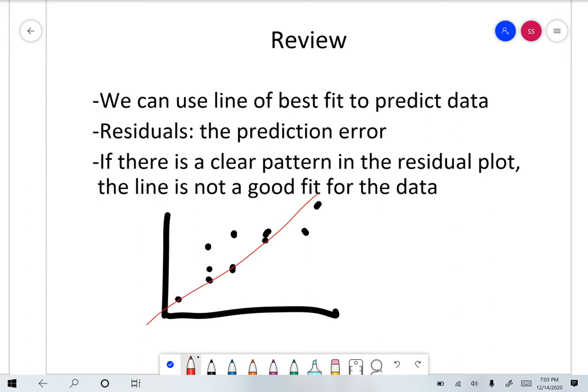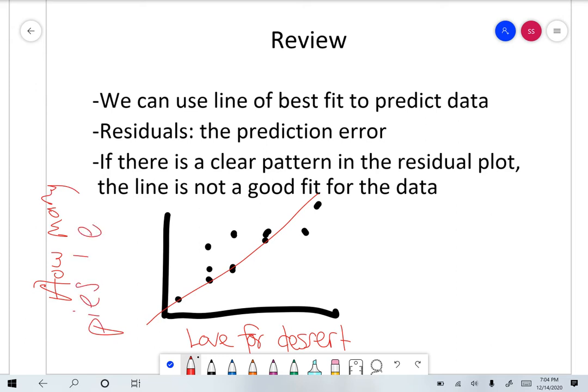For example, say we're looking at my love for dessert on a scale of 1 to 10 and how many pies I eat yearly. I'm totally just making this up on the spot.